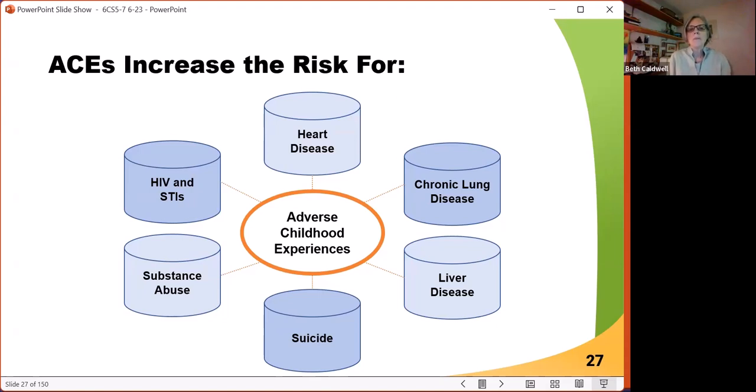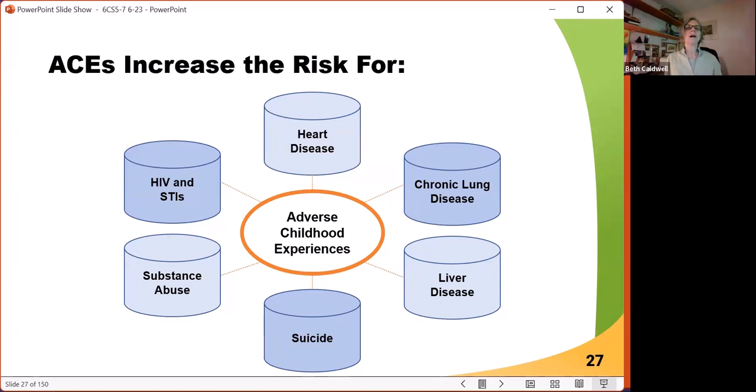And these are just some of the health issues that they saw. When people have adverse childhood experiences, it increases their risk for mental health and physical health issues.